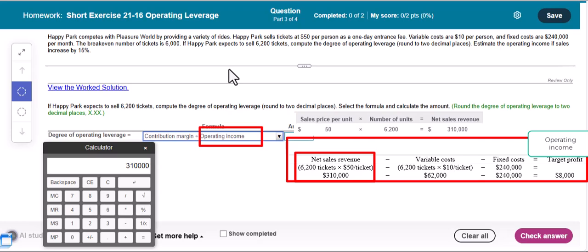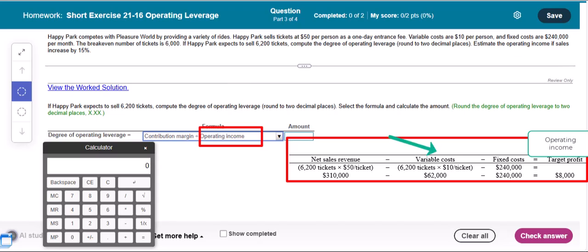Now next in our quest to get the operating income, we need to calculate the variable costs. And that formula for variable costs is variable costs per unit times the number of units. So in this case, our variable costs are $10 per person, and then we are expecting to sell those 6,200 tickets.